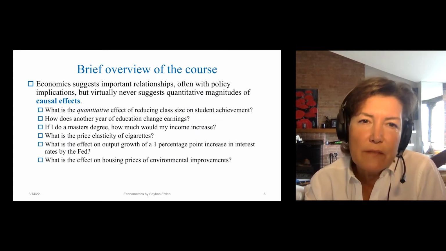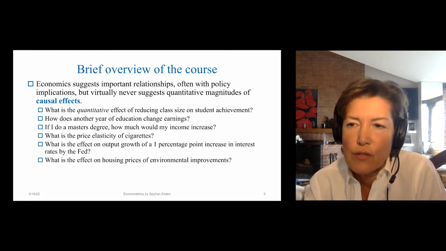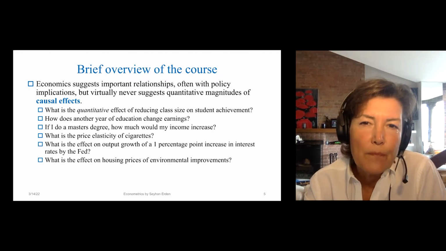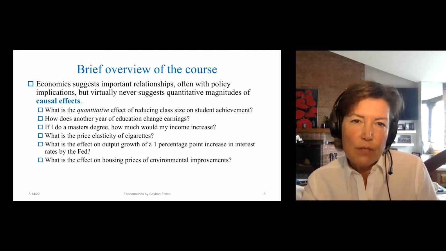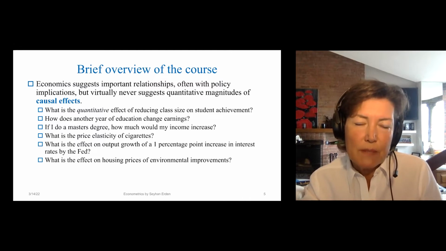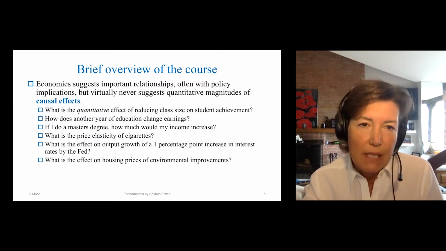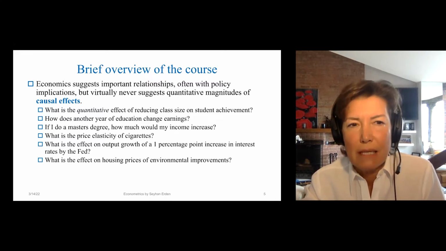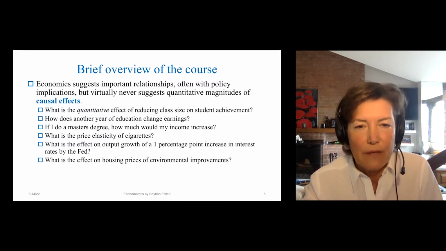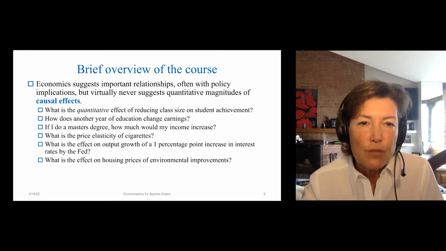So here is a brief overview of the course. Usually in economics courses, we do talk about relationships and the policy implications of those relationships, but we never suggest quantitative magnitudes of causal effects. In this course, we're going to do that.